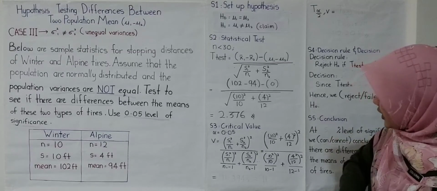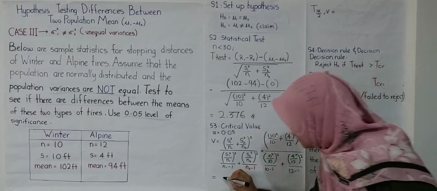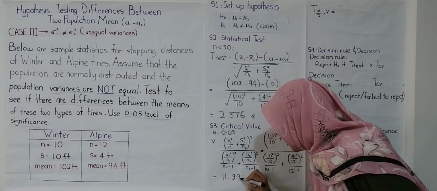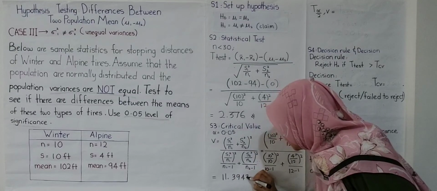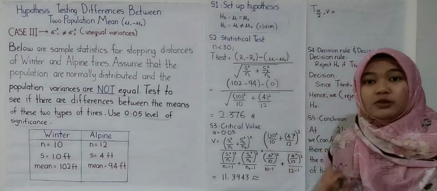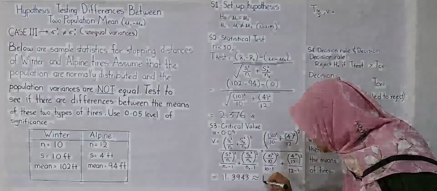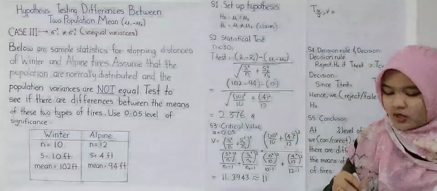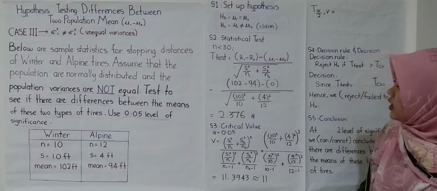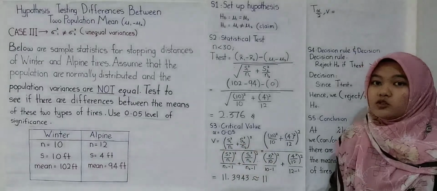The answer we get is 11.3943. However, when we round it, it will be 11. So our degree of freedom is 11 and our alpha is 0.05.